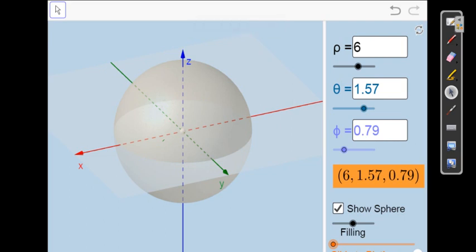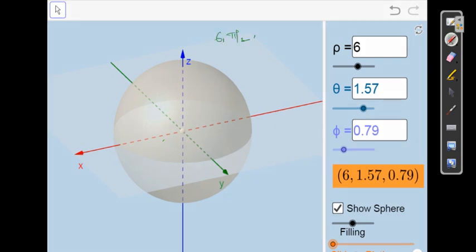Here, the point I have represented is 6 comma pi by 2 comma pi by 4. This is the point that we have plotted, right? So 6 is the radius, this is equal to pi by 2, and this is equal to pi by 4. Now when I do this, let us see the animation.